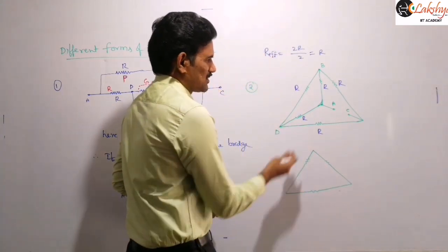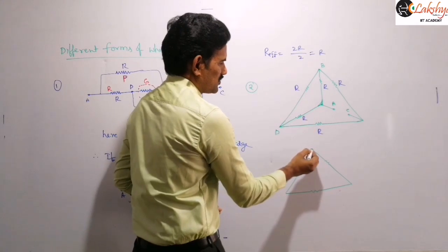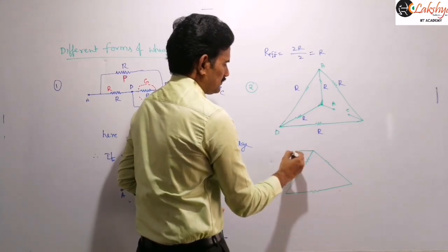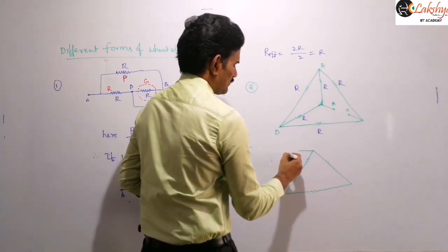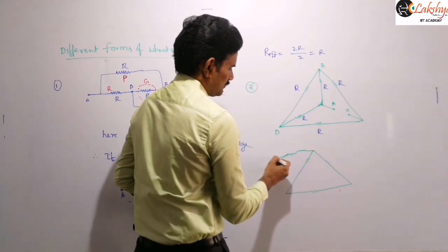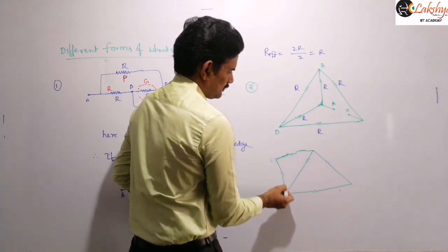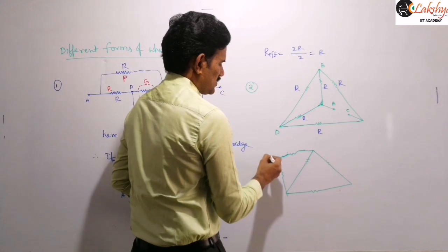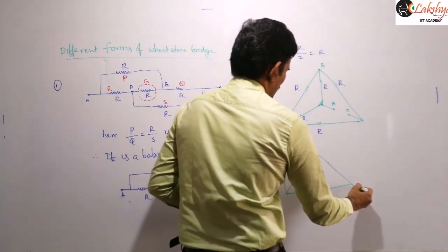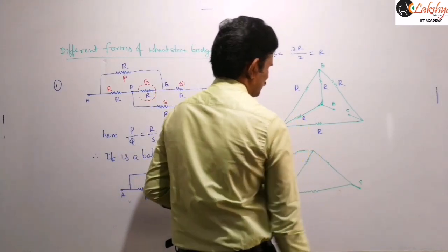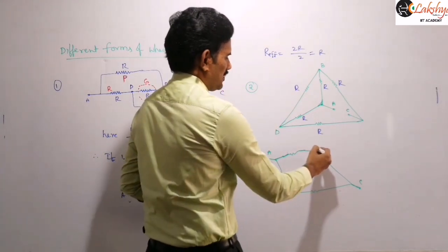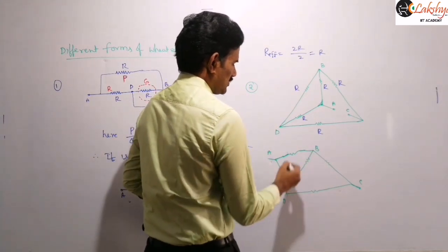So this triangle is there. Just I am saying this part will be outside. I am drawing here. So this is our point A and this is the point C. I can write like this. So this is our BD, right?